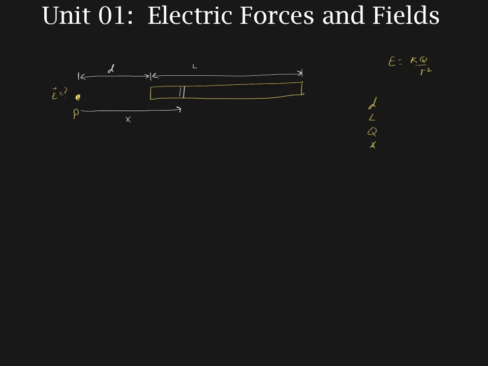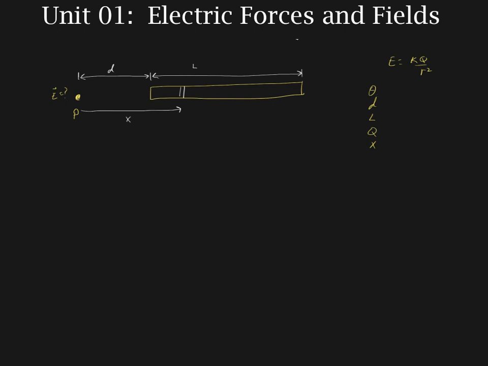So x is also going to be one of those variables that we have to decide. Is it a variable in the context of the problem, or is it going to be a constant in the context of the problem? And the last thing that maybe isn't so obvious in this problem is going to be theta. And you might ask yourself, well, why would we even think about theta? Well, I'm trying to make this more general.